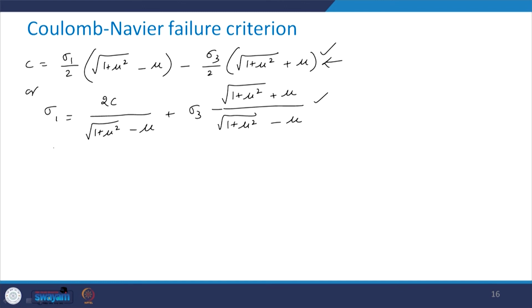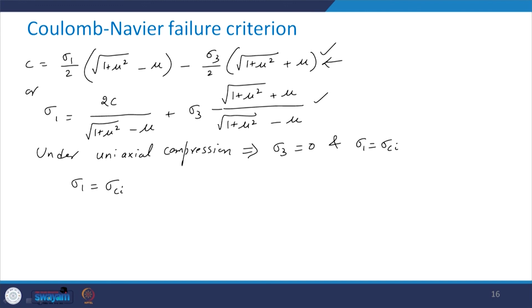Now, what happens under uniaxial compression? We will have sigma 3 equal to 0 and sigma 1 will give me sigma Ci, which is for the intact rock. Just substitute these values here and you get sigma 1 equal to sigma Ci equal to 2c upon (square root of 1 plus mu square minus mu).